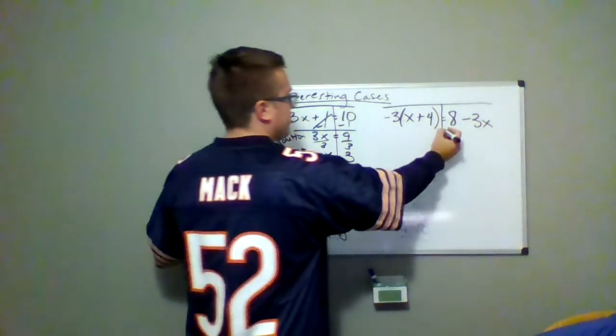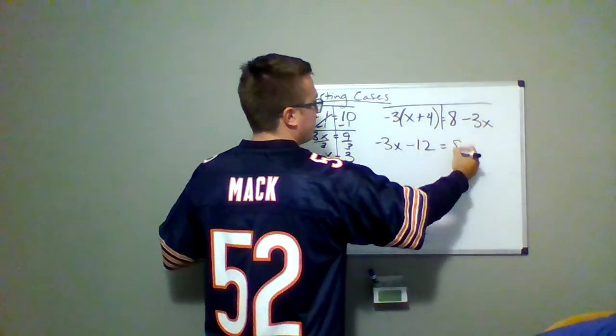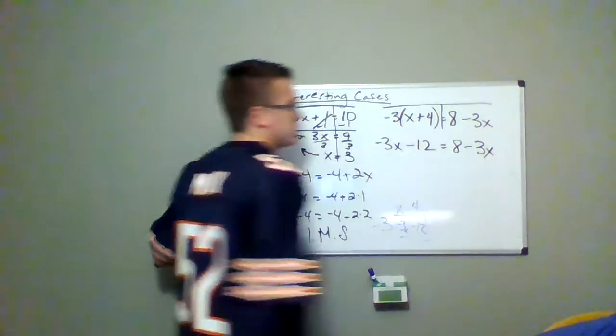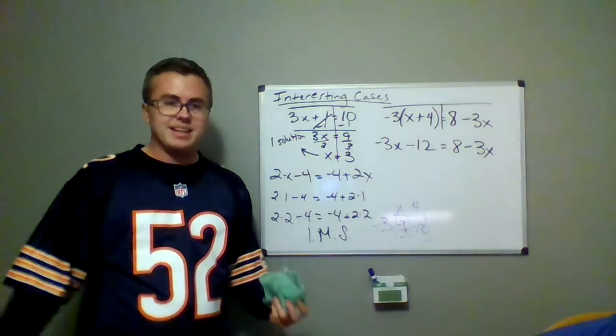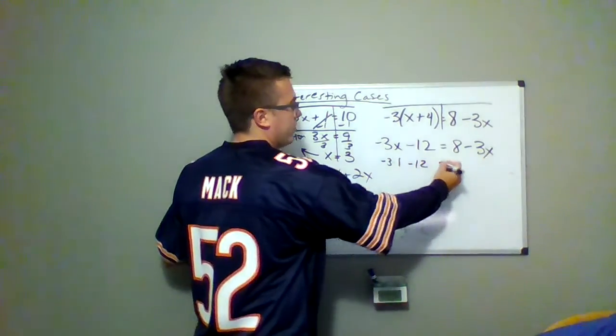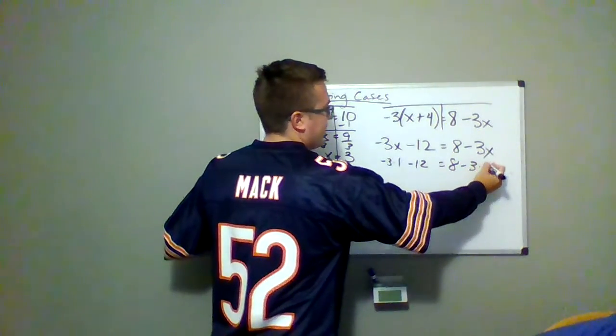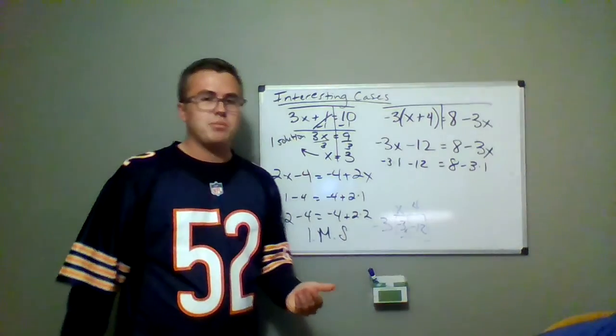so once I simplified it, I had negative 3x minus 12 equals 8 minus 3x. No matter what number I plug in, I'm not going to get the same thing. Because if I do negative 3 times 1 minus 12 and 8 minus 3 times 1, those aren't going to get the same things.